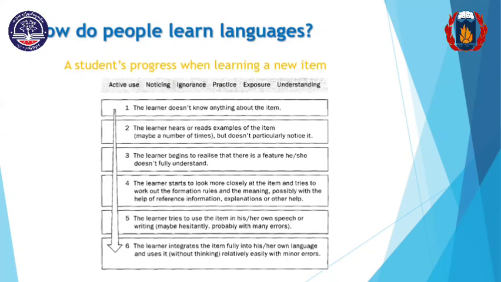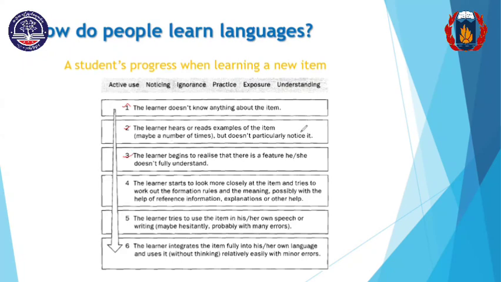As students progress when learning a new item, it is kind of like these stages. In the first stage, the learner doesn't know anything about the item. And the learner hears or reads the example of the item that the teacher gives, but doesn't particularly notice it.